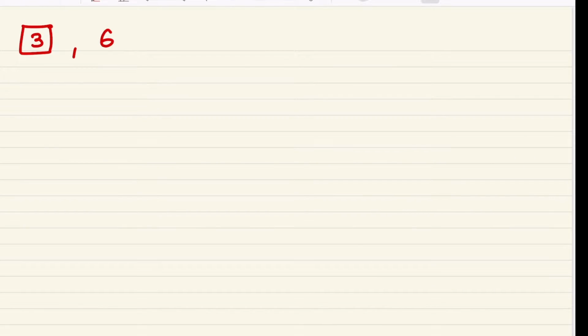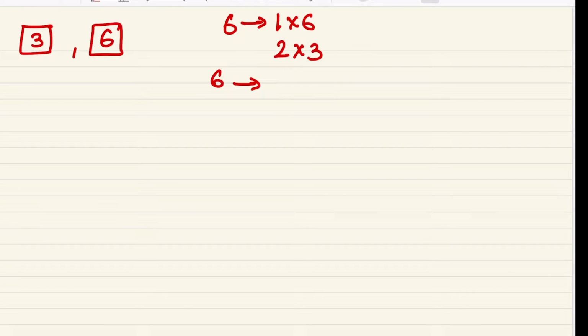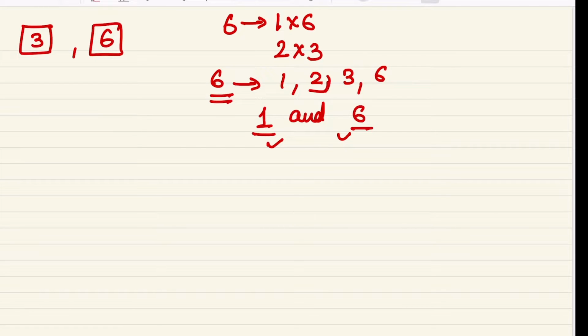Suppose I want to write factors of 6. So I'll write 1 into 6 is equal to 6, and 2 into 3 is also equal to 6. So factors of 6 are 1, 2, 3 and 6. It means 6 can be divided by 1 and by 6, but apart from 1 and 6, we have two more factors, 2 and 3.